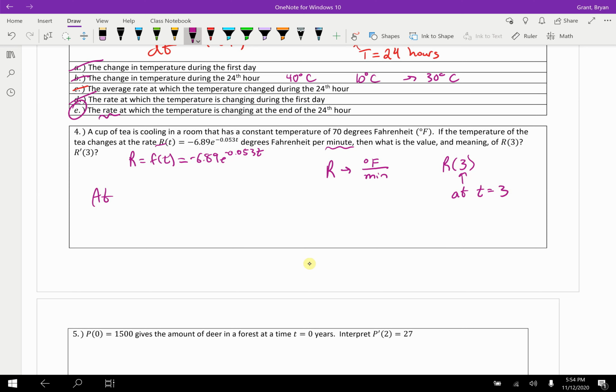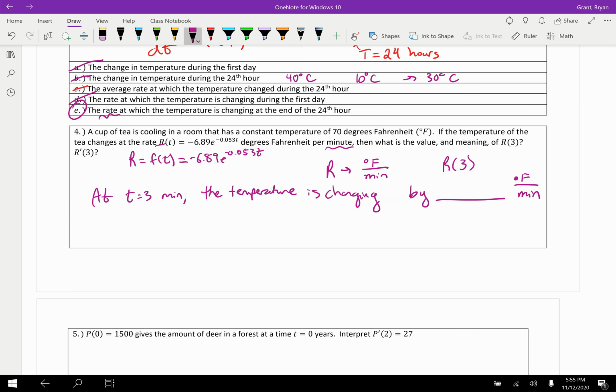So at t equals 3 minutes, right at the third minute, the temperature, this is our output, right? The temperature is changing by something degrees Fahrenheit per minute.